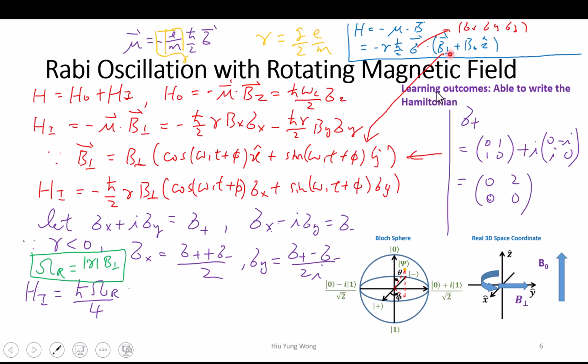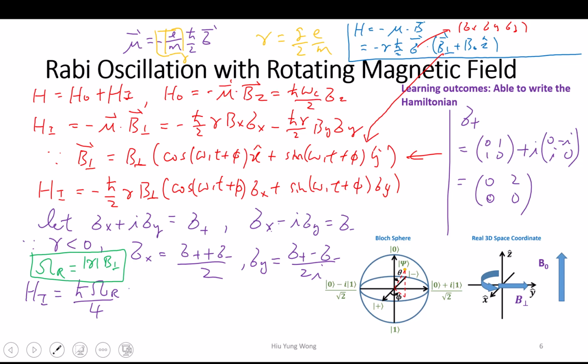So when you do the dot product, I will get h bar omega L divided by 2. This is because of the dot product of the z component. You just take it for granted because you need to go through a few steps substituting all these parameters. But eventually it's h bar omega L divided by 2, which we derived in the Larmor precession already, which we studied earlier.